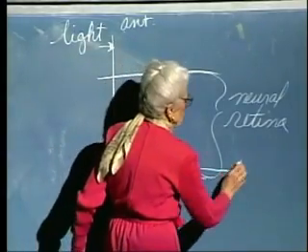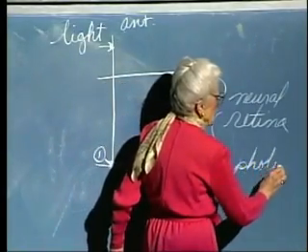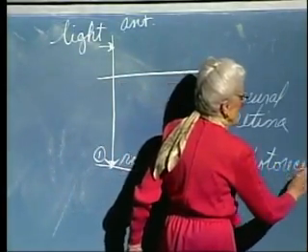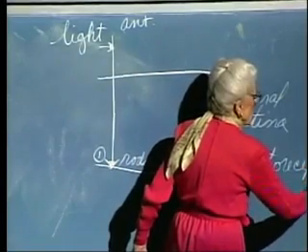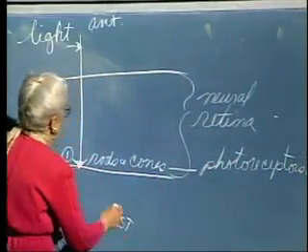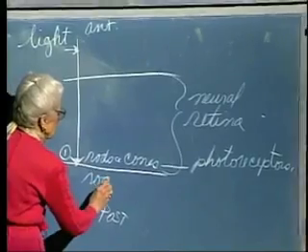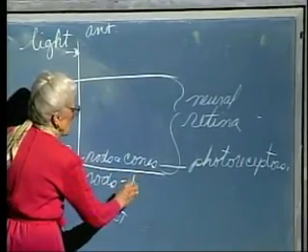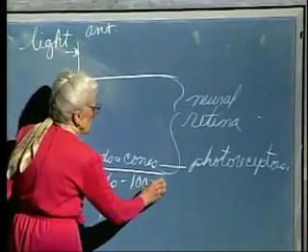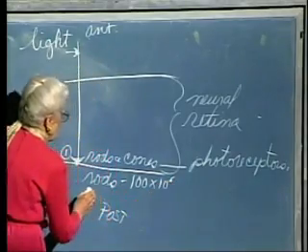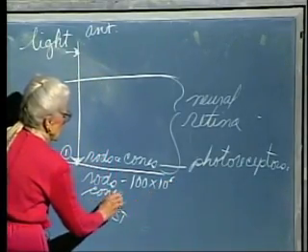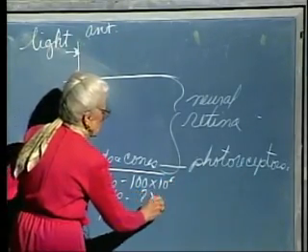And these are your photoreceptors. How many rods do you have? About 100 million. How many cones? About 7 million.